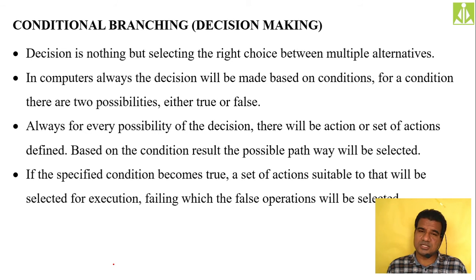So the next concept, a very important concept, is conditional branching or decision making. From here on, conditional branching and looping, these two are the part of your control structures. So far, whatever concepts, programming logics, and algorithms we have seen, all of them execute the statements in a sequential process.